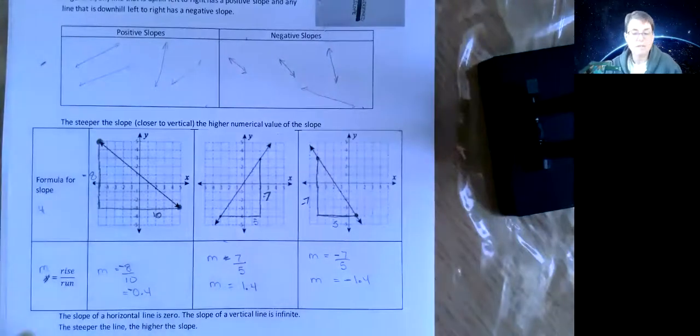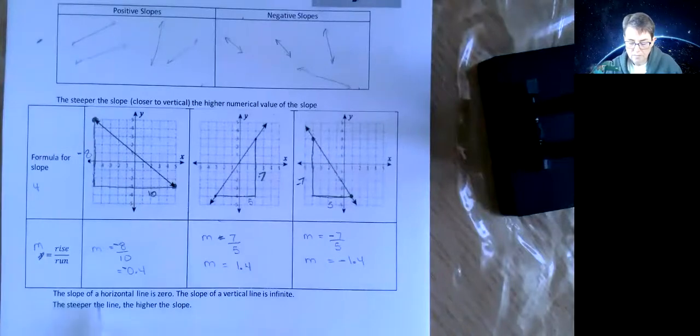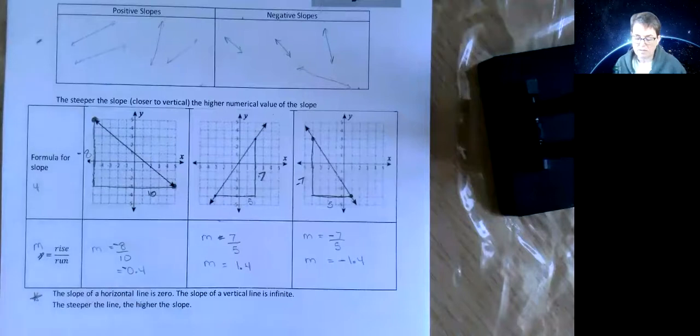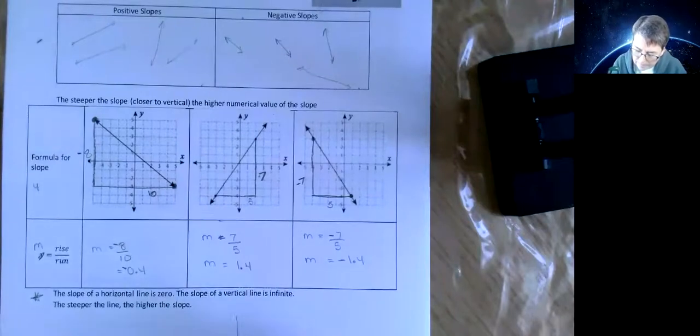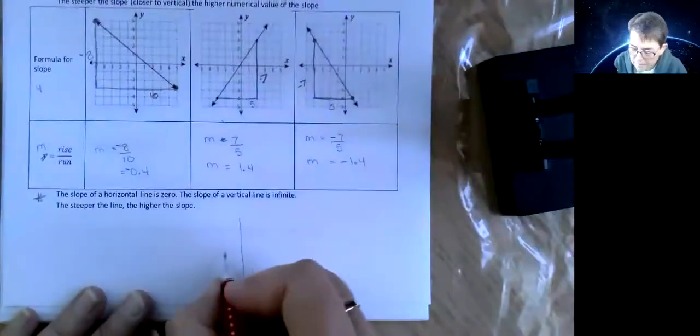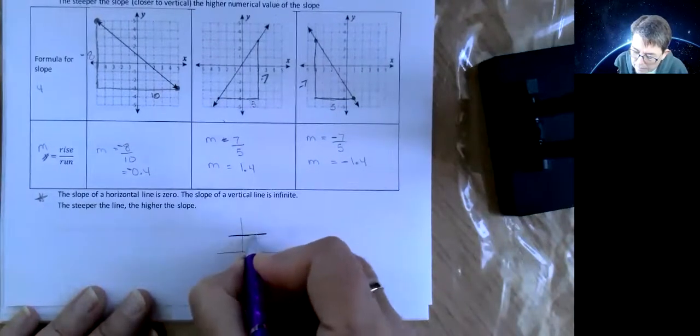All right, and I squished it here at the bottom. Slope, so this is your takeaway. The slope of a horizontal line is 0. I'll just show you what that is. Okay, so there's my graph. So here's my line.